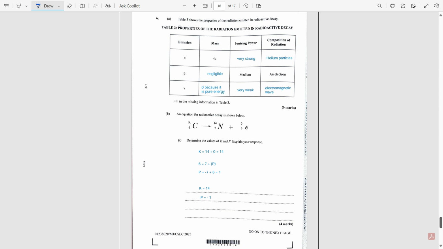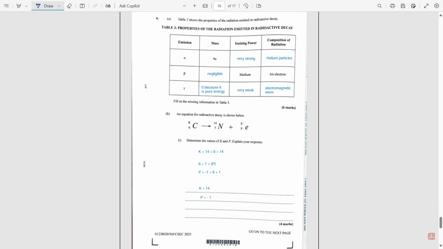So just think of this as just simply adding across the board. You have K, you have 14, and so you have 0, and this is going to be the equal sign. So K is equal to 14 plus 0, so therefore K must be 14. And then you have 6 now. 6 equal to 7 plus P. So what will give you back 6?